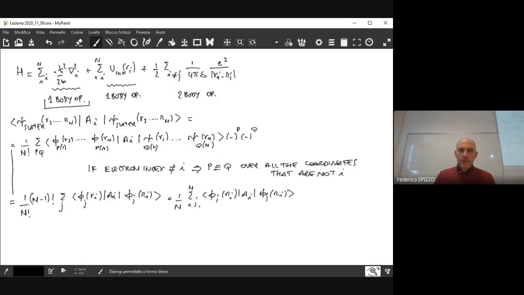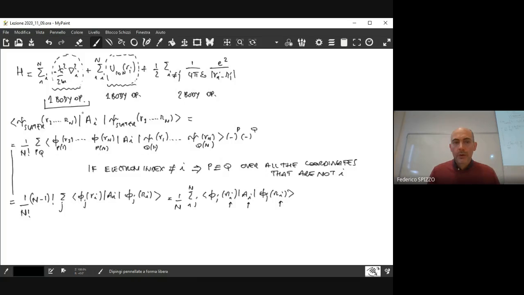And if you notice here, at this point, I is the coordinate of the electron, but an important thing is that both the structure of this operator and the structure of this operator do not depend on the coordinate. That means if you write down the kinetic operator for coordinate I, you will have the nabla square with respect to the I coordinate.